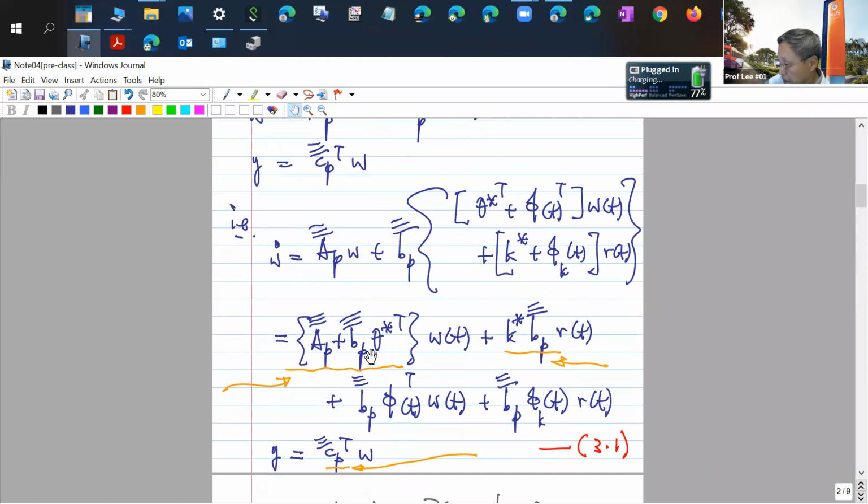We also know there's a perfect control gain theta star, and then K star. Again, this is from the non-minimal realization of the system. You're putting in the perfect control gain.